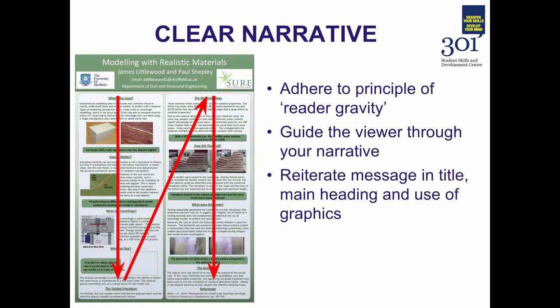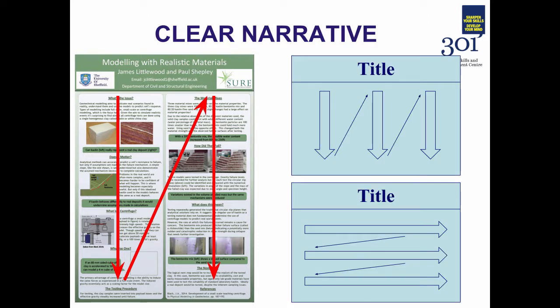So don't scatter your information randomly in the poster. It's an obvious point, but make sure it follows the standard conventions of how we tend to read information. So either go for this up and down zigzagging process, or you can go for a horizontal zigzag.